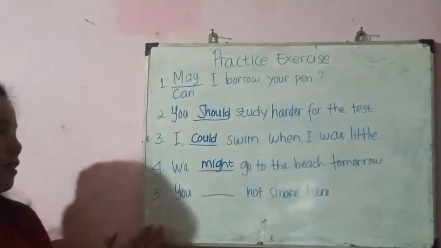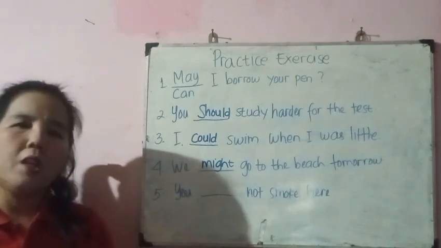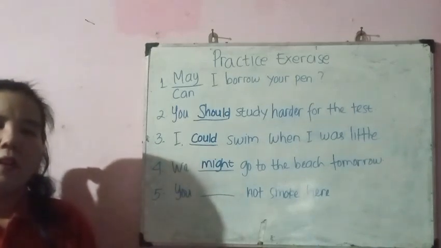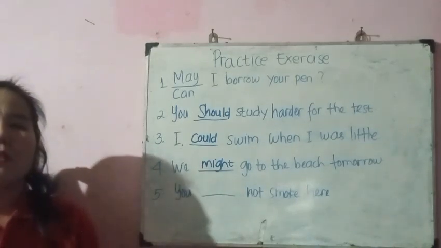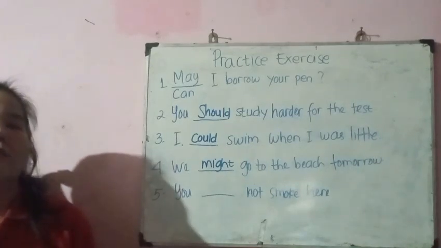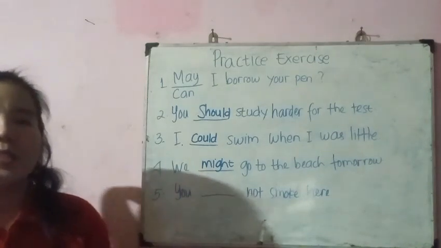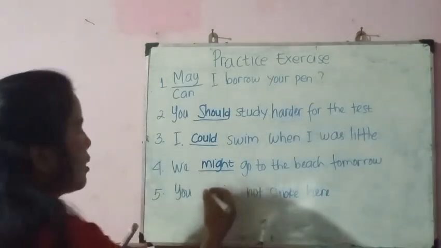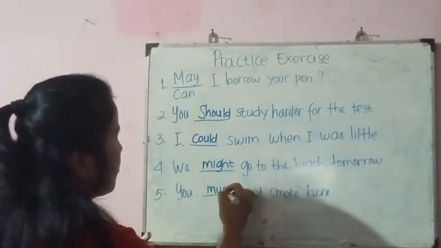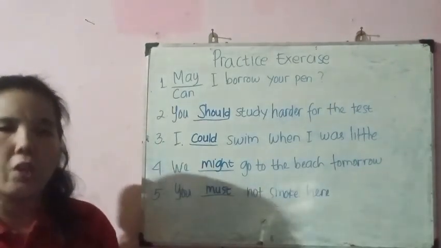Next, sentence 5. You not smoke here. Which modal shows prohibition, strong or rule? Okay, the correct answer is must. You must not smoke here.